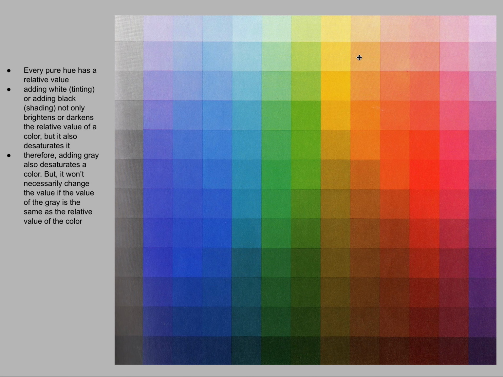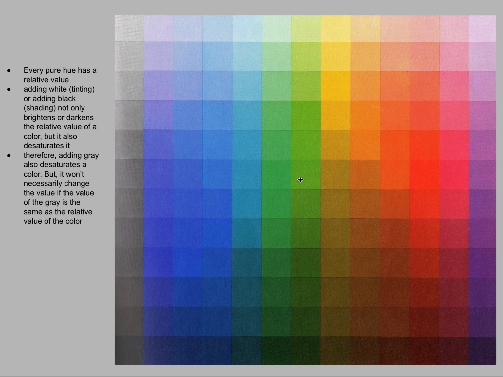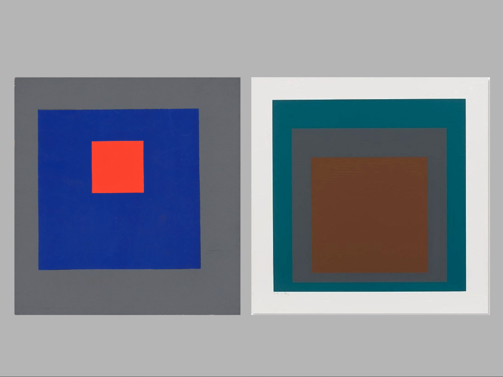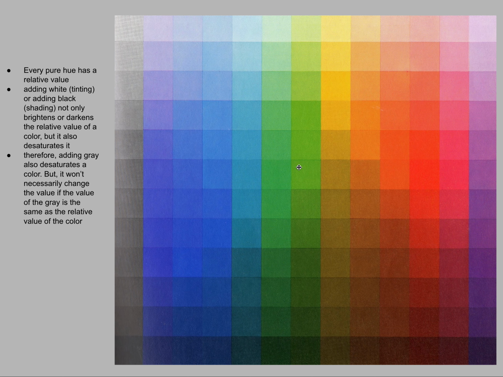So if you add white to this green, it will get lighter. But you're also desaturating it. And you can see this here. This green here is not only lighter than this green, it's less green. It's less saturated. If you add black and darken it, that will not only darken it, but desaturate it.